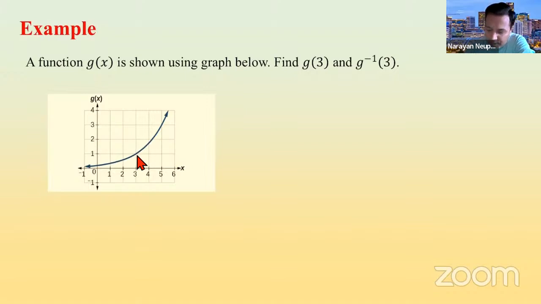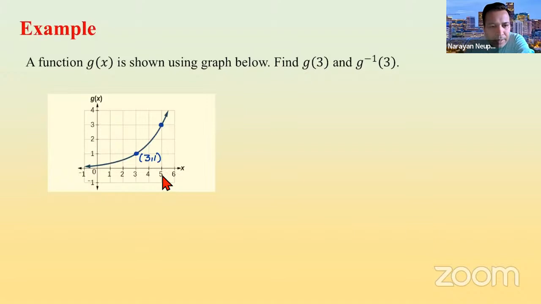So let me point there. That point over there we can read easily. If you look at that point, x is 3, y is 1. That means this point is 3 comma 1. And then similarly, here is the other point that you can read easily.